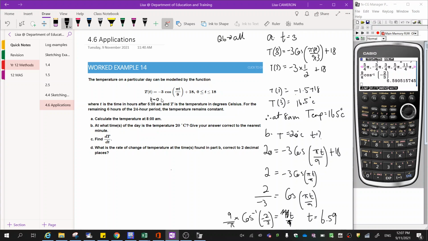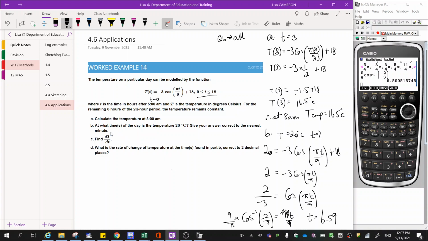So generally, if the question doesn't state anything about radians or degrees, I leave it in radians. Now, this over here is also a bit of a hint that you're going to be leaving it in radians. But if it doesn't state anything to you about it being a question that is in degrees, then it's in radians. Over here where it says degrees Celsius, that is the unit that we use on this side of the equation, not for the t. So that's how I know that this question is going to be in radians.